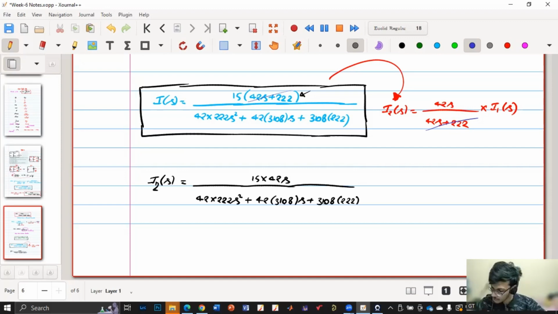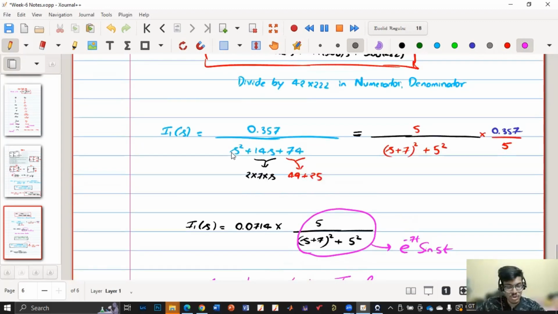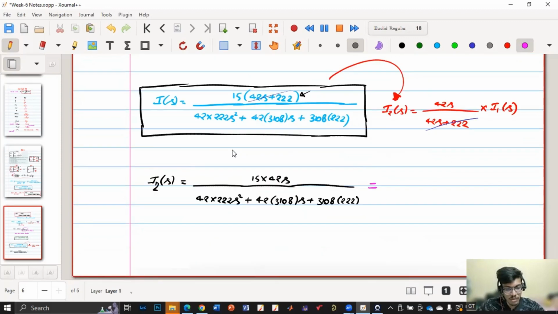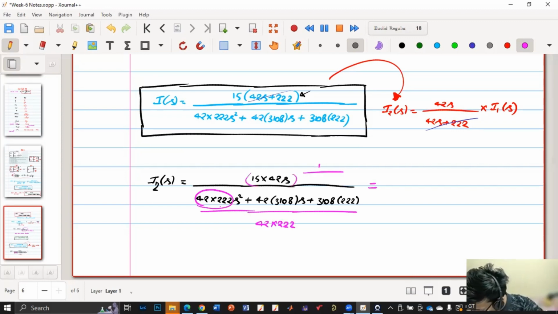Okay, sir. Now, whatever logic we have used previously, that the S square coefficient should be 1, we'll use the same logic. So I'll divide by 42 into 3 double 2 in the denominator, and in the numerator also you do the same.